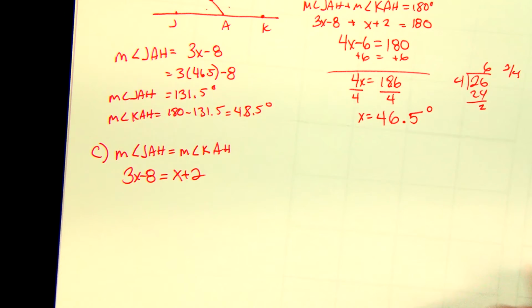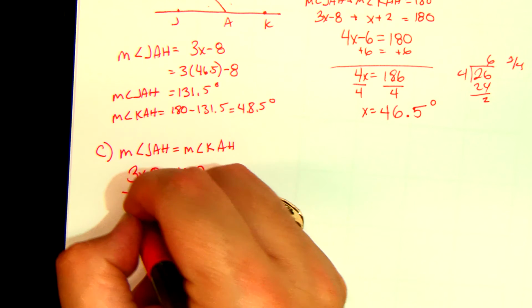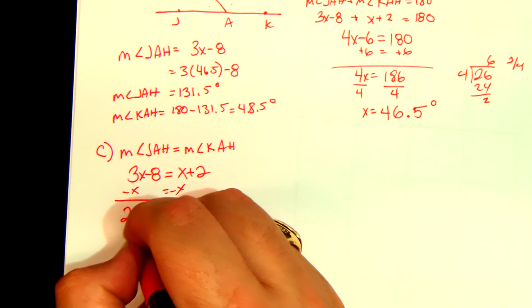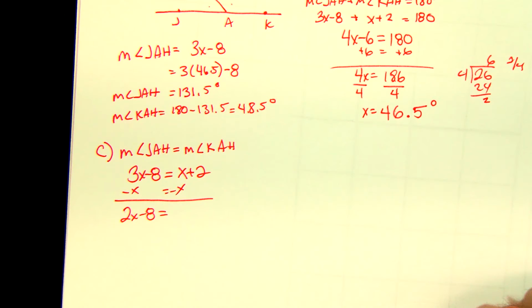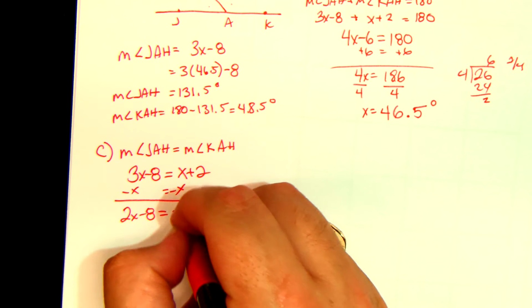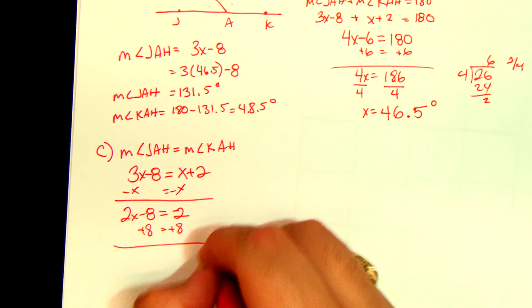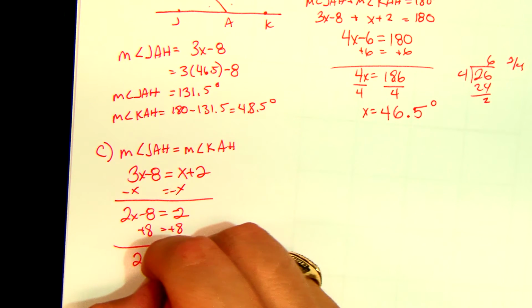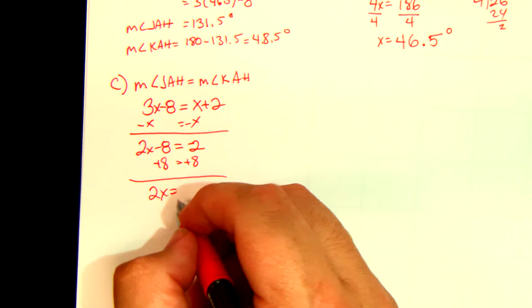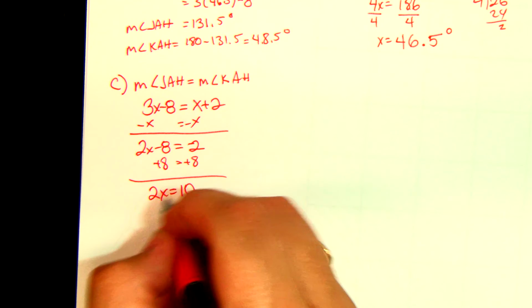Subtract an x from both sides, get 2x minus 8. I like to keep things positive with my variables. So I make it 2x minus 8 is equal to 2. Add 8. So I get 2x is equal to 10. 2 plus 8 is 10. And then you divide by 2. Divide by 2, so x is equal to 5.